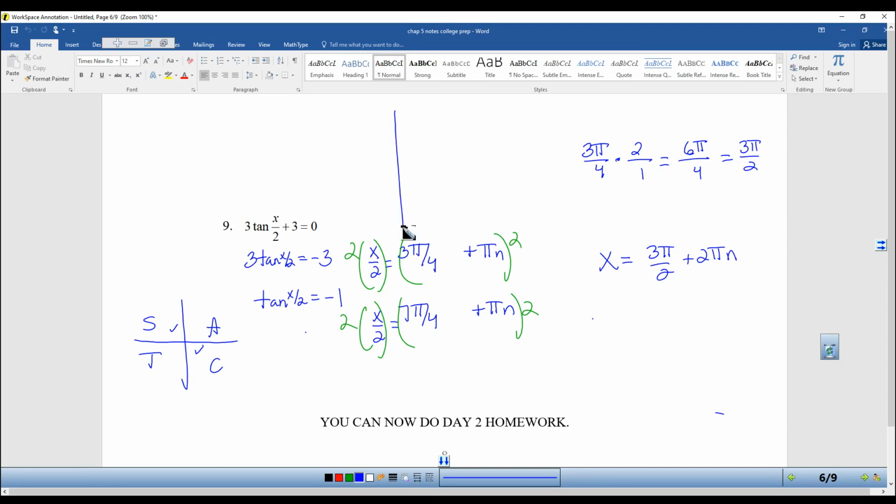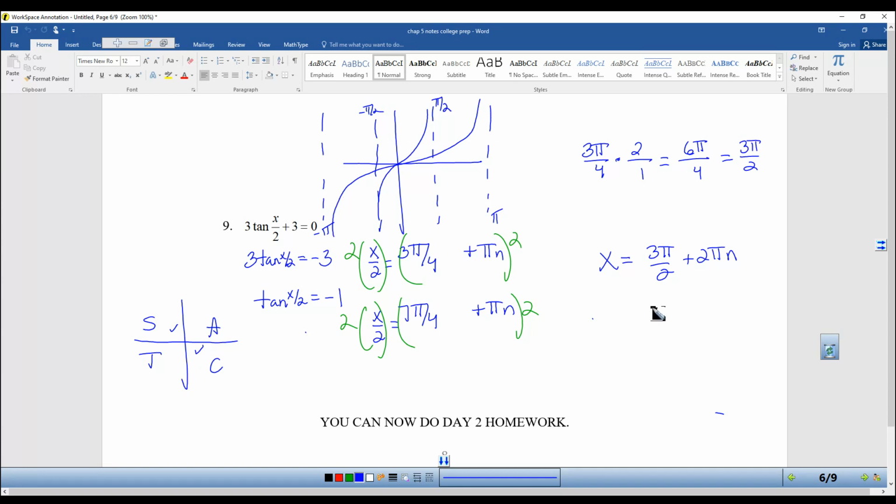Well, remember that this period is normally pi. It goes from negative pi halves to pi halves. But this one's going half the speed. So this one actually goes from negative pi to positive pi. It goes like that. And so it's only going to repeat every 2 pi n.